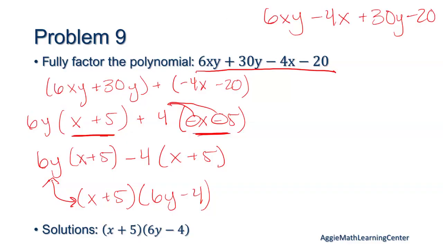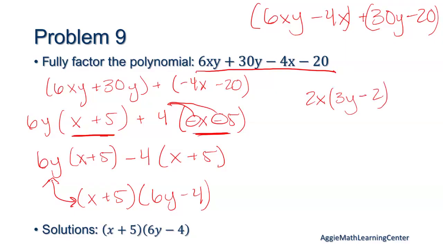Okay, so if I were to switch those two inner terms and make these my groupings instead, I would look at that first grouping. What could we pull out of there? Yep, an x. A 2. And a 2, yeah. So we can pull out a 2x. That's going to leave us with 3y minus 2.